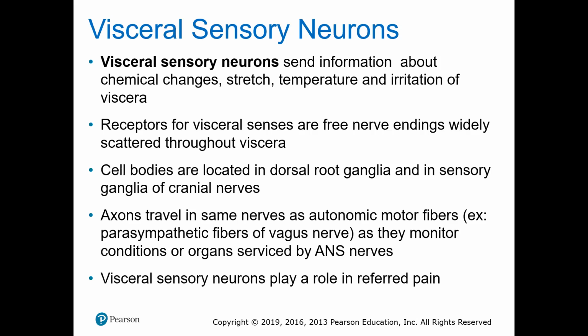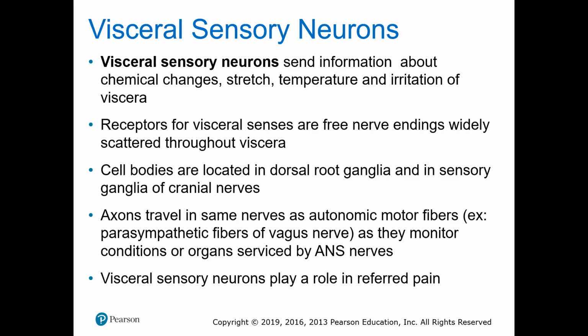Now, the problem with this is that the visceral sensory receptors travel in the same pathways as the autonomic motor nerves. And so the autonomic motor nerves, which are monitoring what's going on with motor activities, are also carrying the sensory input. Thanks to the autonomic motor nerves, sensations in the viscera often tell us that we've got a problem but it's detected in the wrong place.